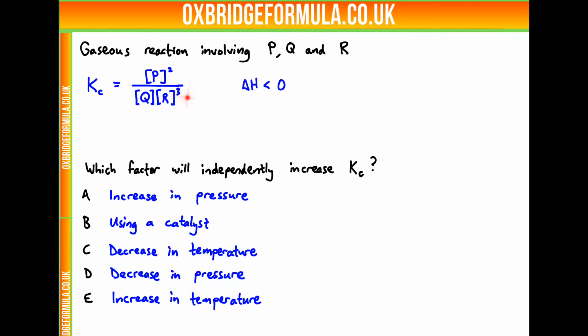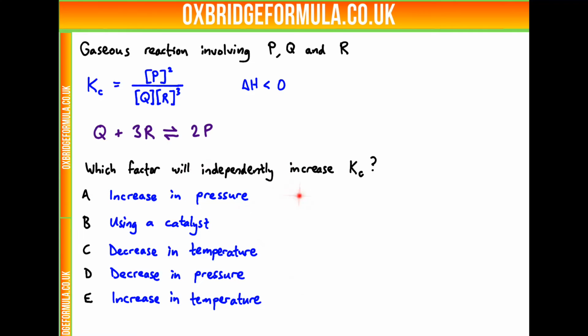And so from this we should be able to see that the reaction is Q plus 3R is in equilibrium with 2P. So these numbers have come from the powers of the concentrations. So this just helps us to better visualize what's going on in the reaction.